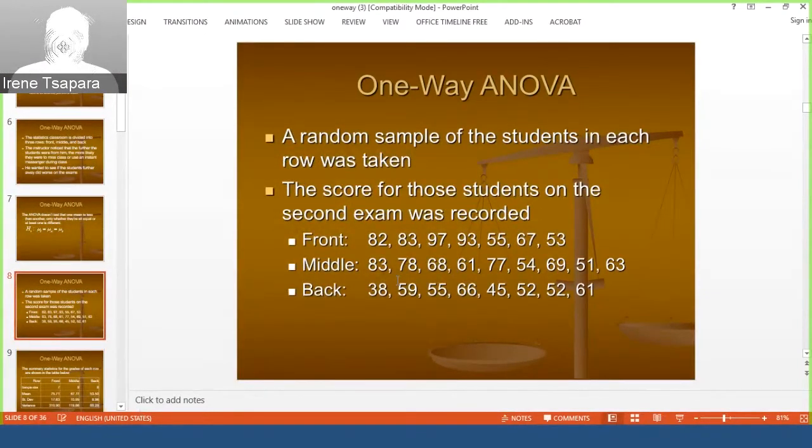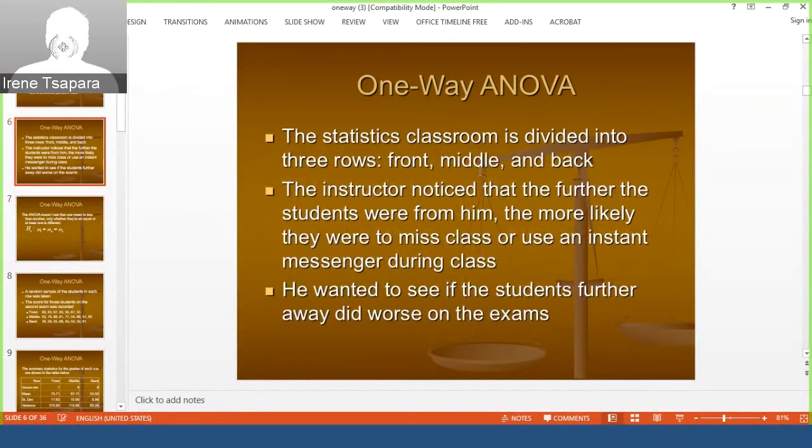A random sample of students in each row is taken. Here is the explanation of the situation. We know, and this is actually a true situation, that there are some classroom statistics that show us that students who sit in the front, middle, and back rows tend to get different grades on the test and finally in their final grades.